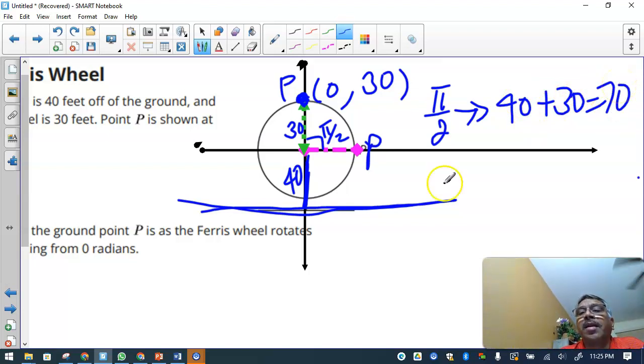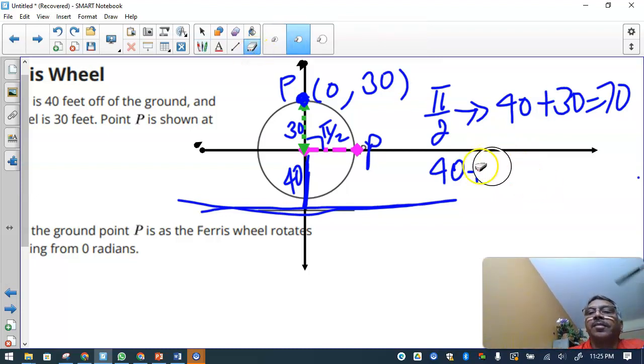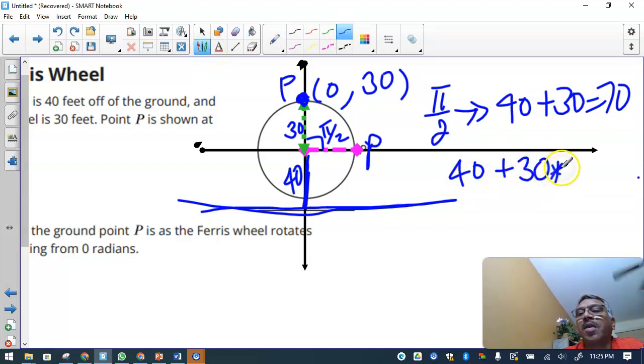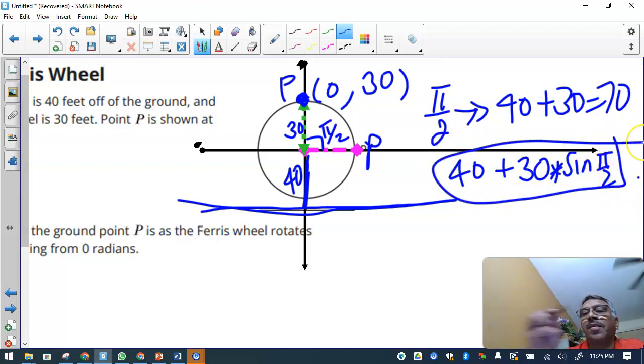But if you want to write it in sine cosine form, it is 40 plus 30, the radius, times sine of pi by 2. So this is another way to write it.